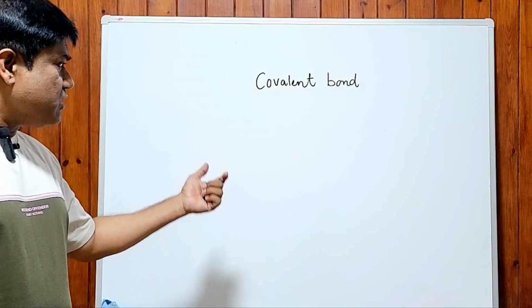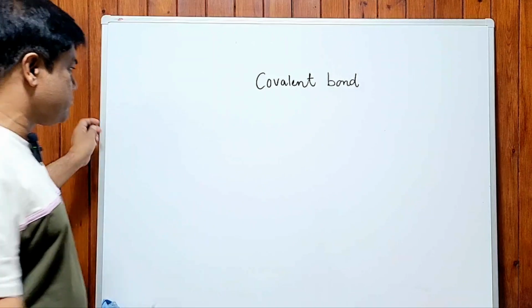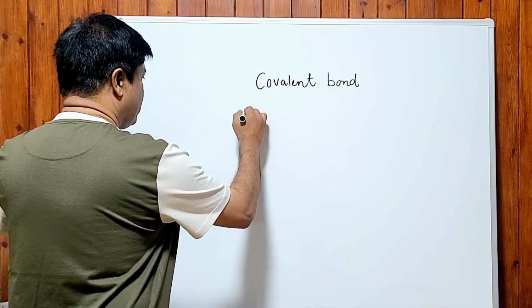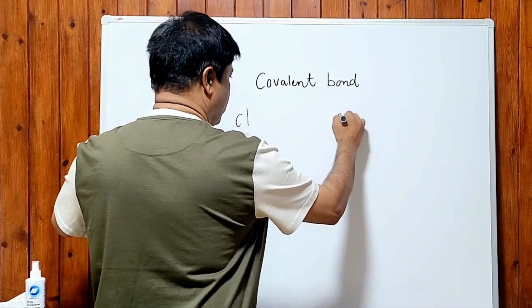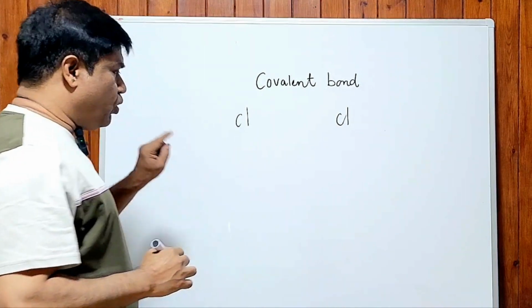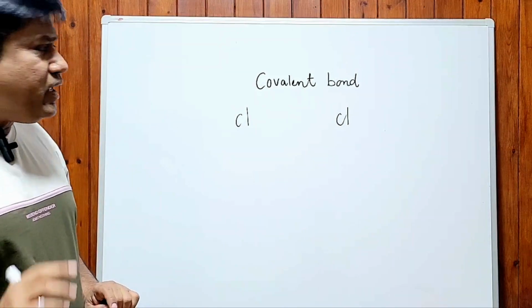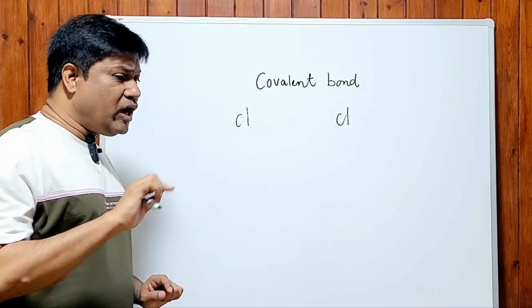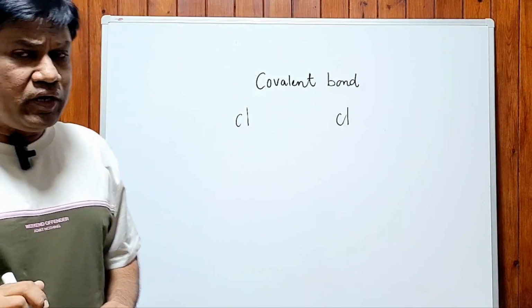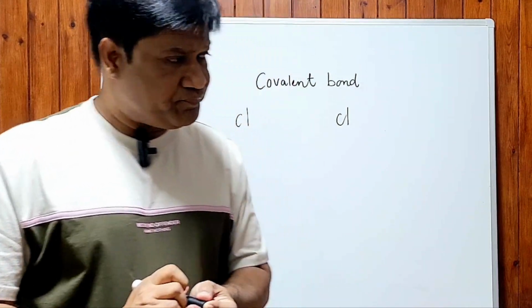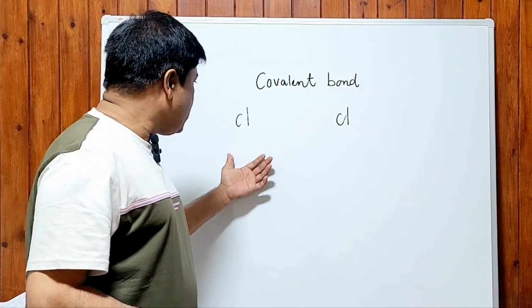So let's imagine I have two non-metals, chlorine and chlorine. Both are non-metals. How many electrons are present in the outermost shell of chlorine? Any guesses? 7. Yeah, chlorine is from group 7.